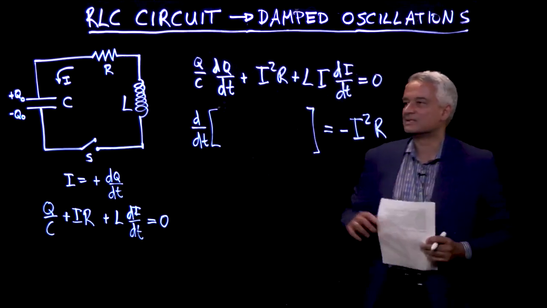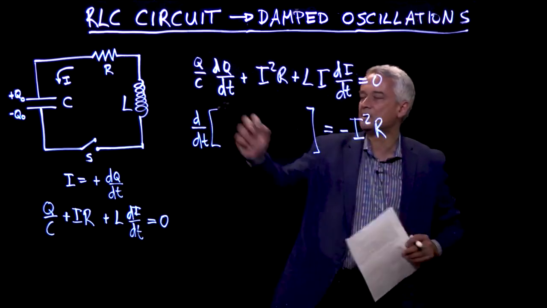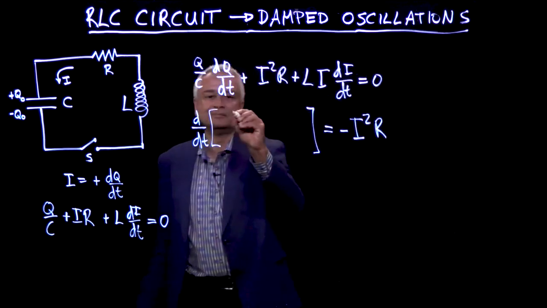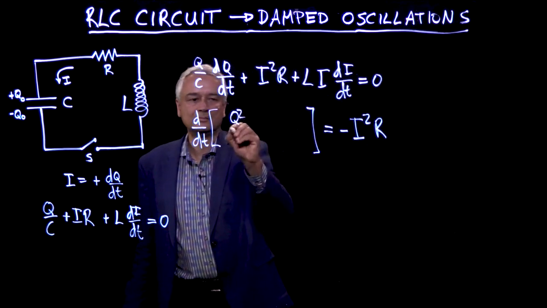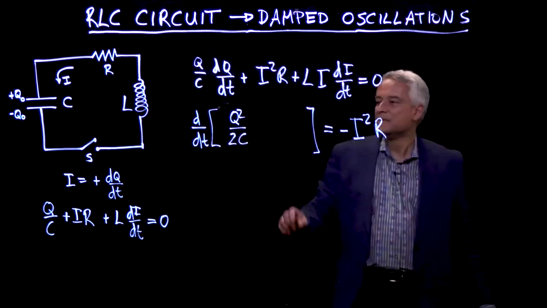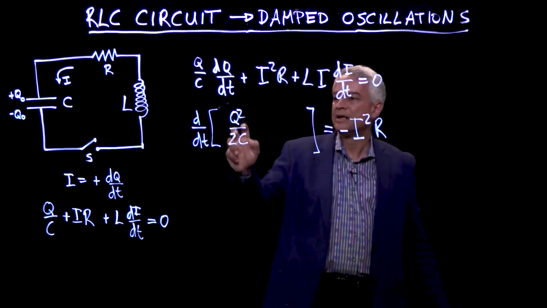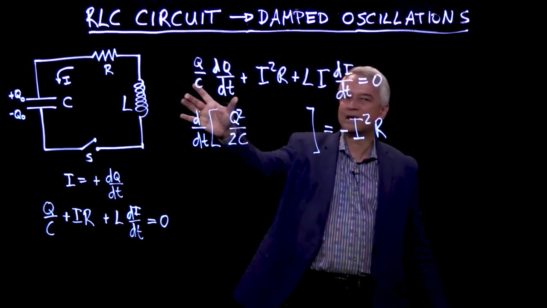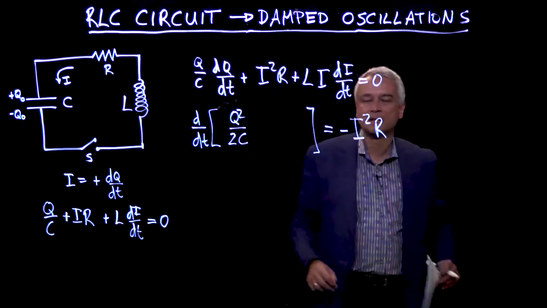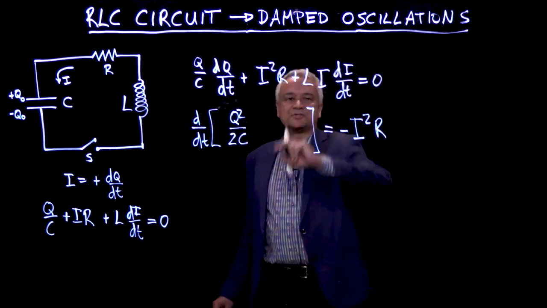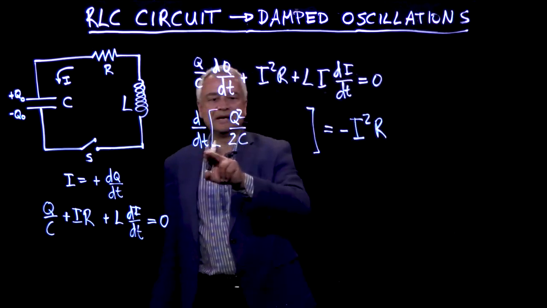OK, now what's the something? The something has two terms. One term is q squared over 2C, because the derivative of q squared is 2q dq dt, and I divide by 2C, and I get what I had here. Similarly, this term is d by dt of what?